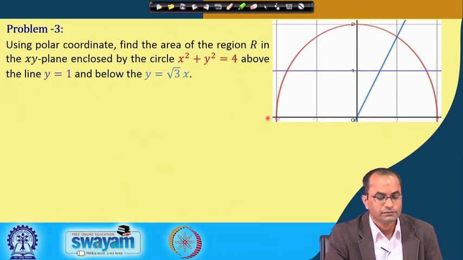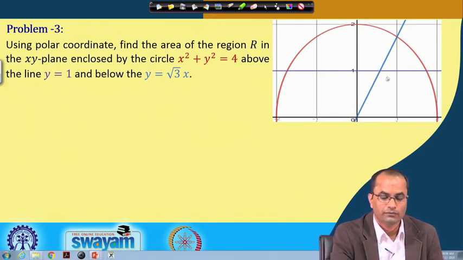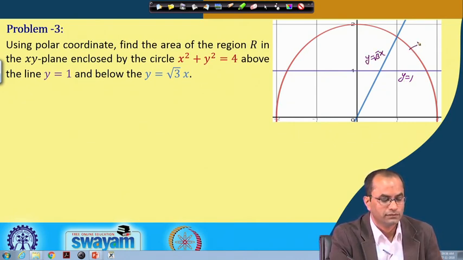So, that is the situation: the circle, the line y is equal to square root 3 x, the line y is equal to 1, and the circle given by x square plus y square is equal to 4.